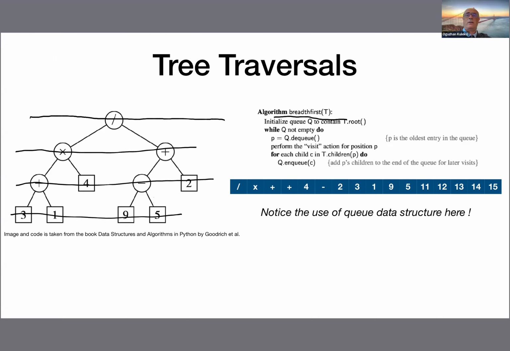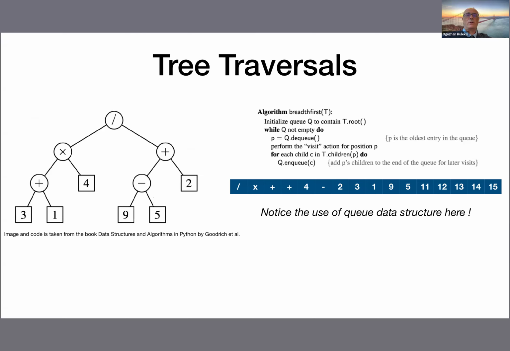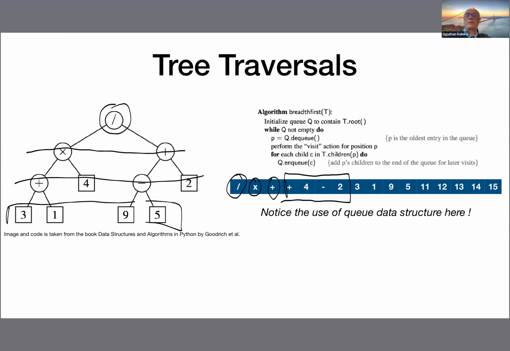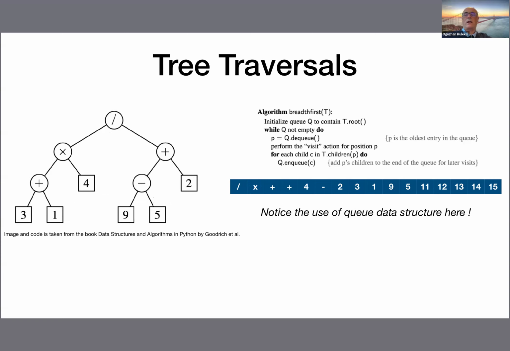So what I would like to do is first have this one here, and then these 2 guys to appear here, and then these 4 guys to appear here, right? And then we will have the rest appearing next. Okay, so this is what I want at the end, and how I can achieve it is by the queue data structure.